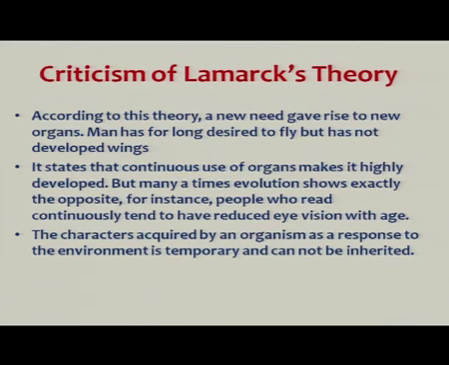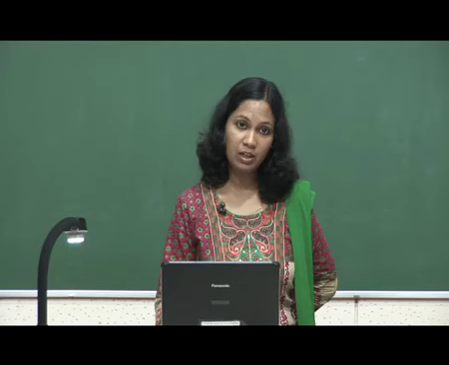Thirdly, the characters acquired by an organism as a response to the environment are temporary and cannot be inherited. How can acquired characters be inherited? Is it possible? This postulate was strongly rejected by Weismann, who did a certain experiment.